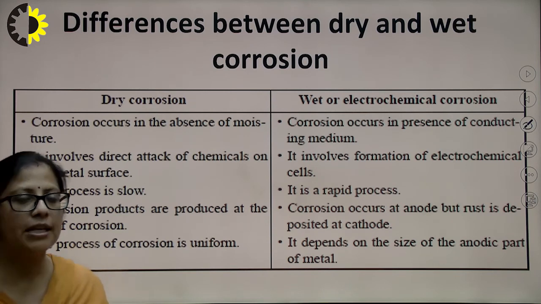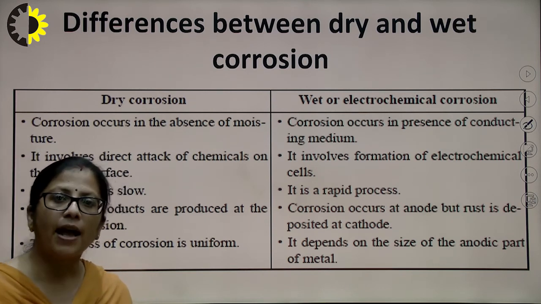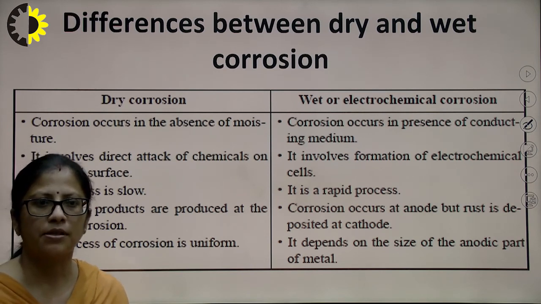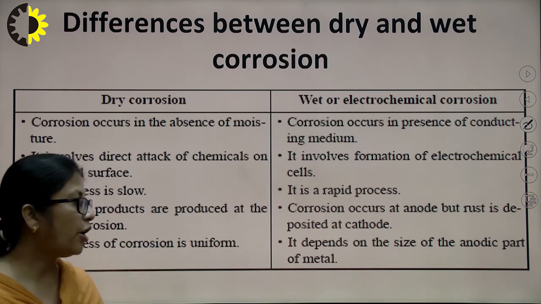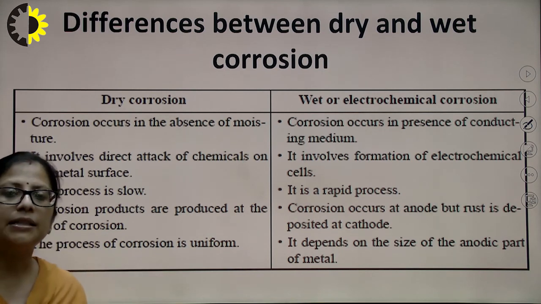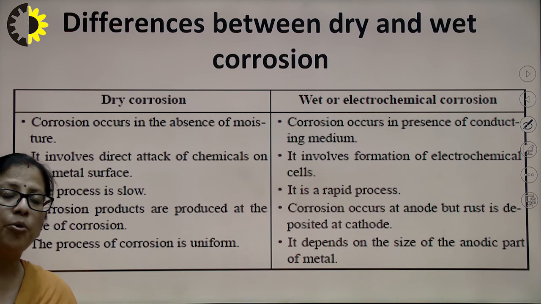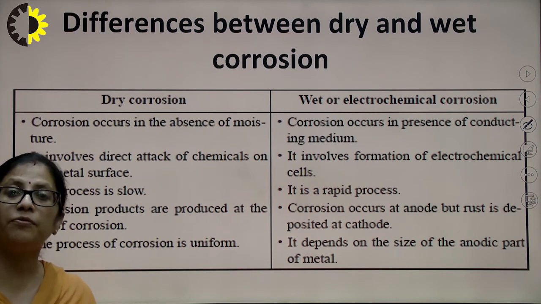Dry corrosion is a slow process, whereas electrochemical corrosion is a fast or rapid process. In dry corrosion, the corrosion products are formed at the site of corrosion.